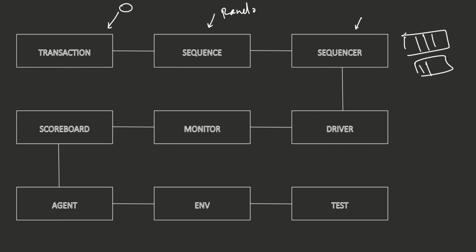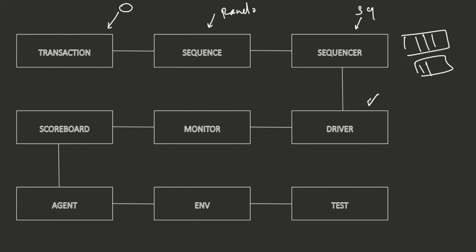If there is some transaction in that FIFO, then the driver directly gets it. But if there is no transaction inside the FIFO, the driver has to wait until there is some transaction inside that FIFO. Okay. So that is the role of your sequencer, acting as a mediator between your sequence and driver.